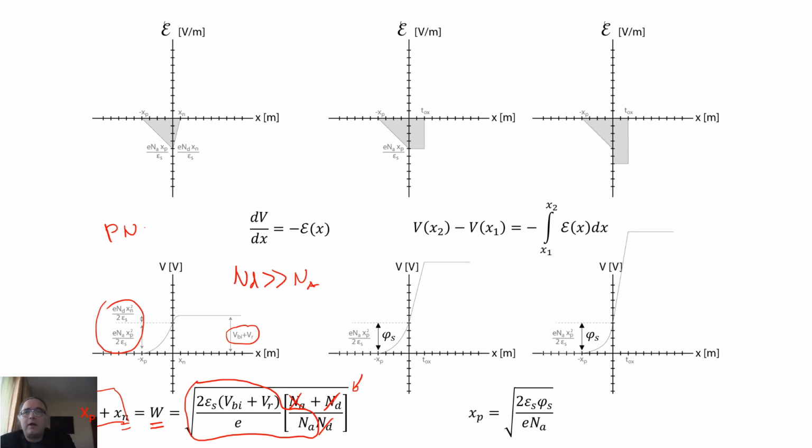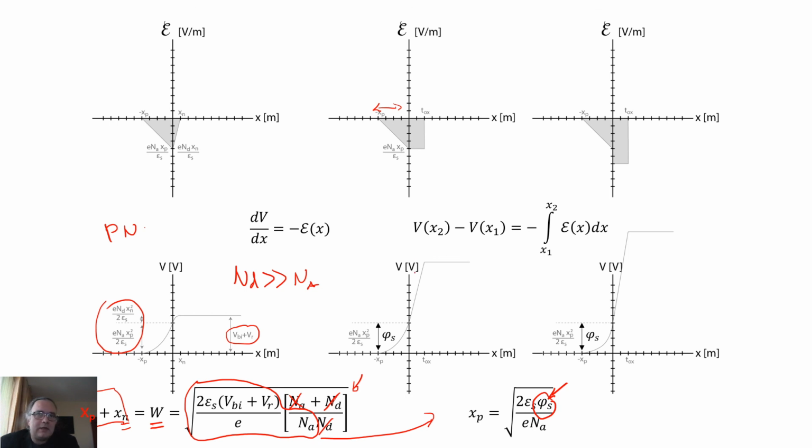Now, this will be very similar expression to the extension of the depletion region inside the MOS two-terminal structure. And the formula is given here. So this variable, this parameter phi s, is the so-called surface potential.